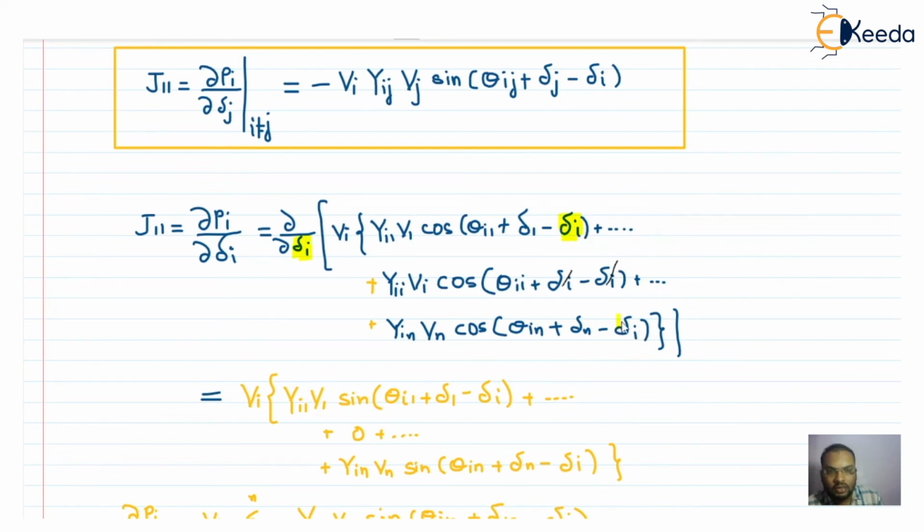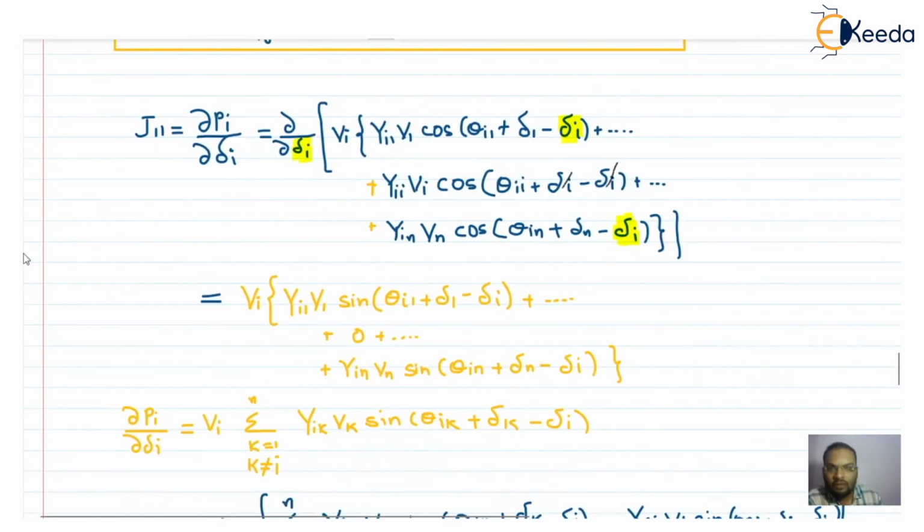If you imagine, or if you write all the terms, you will find that in each term we have this delta i. Again, it is having a negative sign. If I take the derivative of cos, it becomes minus sine. And furthermore, we have to take the derivative of this angle as well, so minus delta i. So this minus and that minus get cancelled. So what are we getting here?